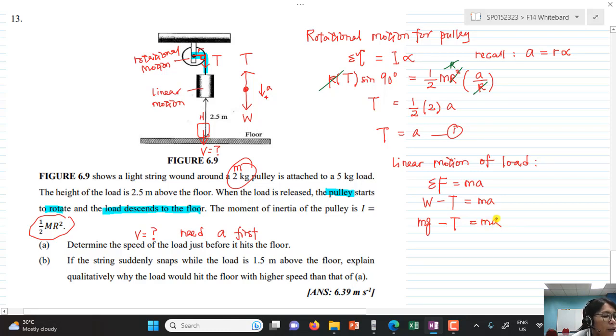So the mass of the load is how much? Okay, the load is 5 kg. Be careful, so the mass here will be 5. The mass of the load, g is 9.81, minus tension equal to 5A.